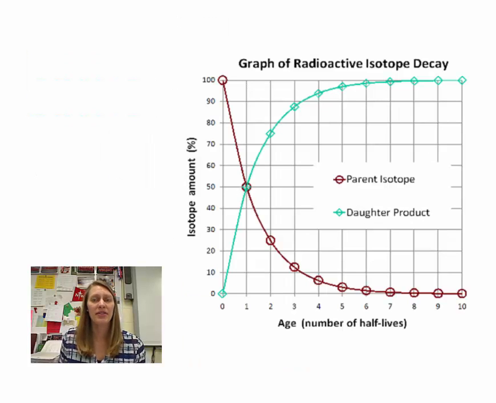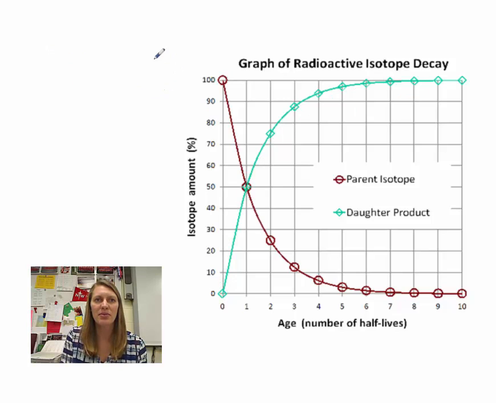If we look at this graph here, this is showing the decay of the parent isotope, but it's also showing on the same graph the isotope percentage of the daughter isotope, so the new isotope that the parent decays into. So you can see on this one we have the exponential decay, but now in the daughter isotope we also have an exponential increase.